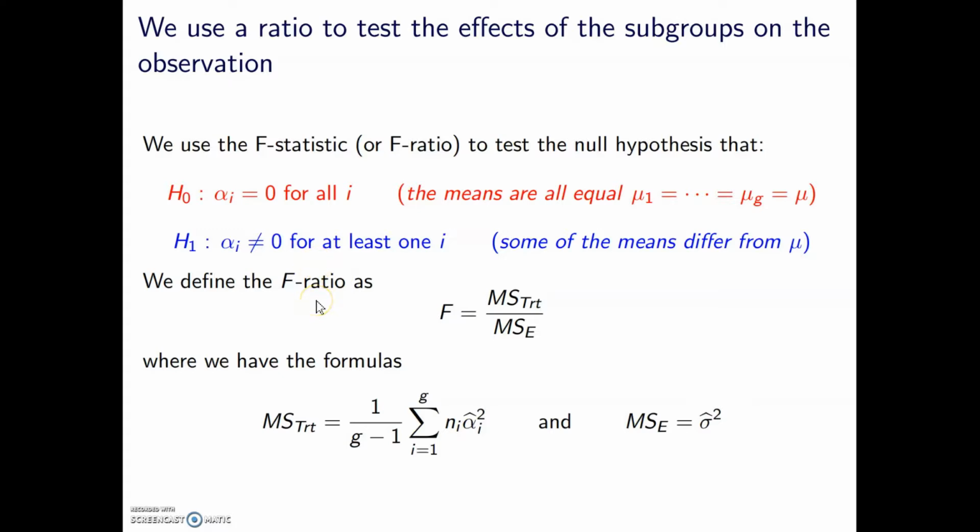And the F ratio is shown here, which is the mean square for treatments over the mean square for error. And you can see that the mean square for treatments is dependent on alpha hat sub i, and the value of mean square for error is dependent on sigma hat squared. So we'll see in the next slide that we want the value of F to be much larger than 1 to reject the null hypothesis.